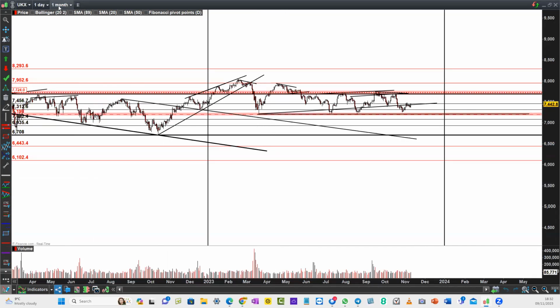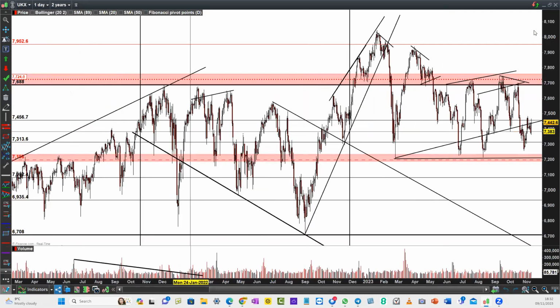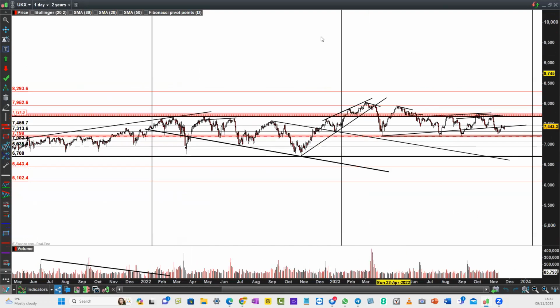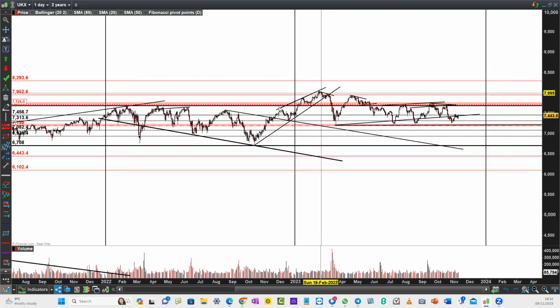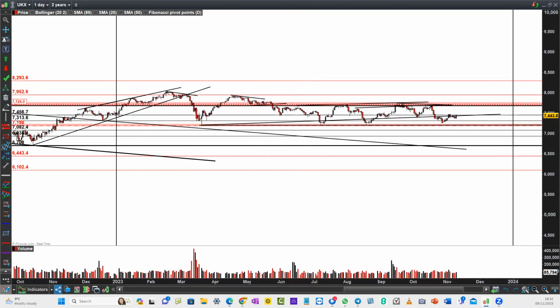Let's get a bit more data on the charts. The reason why I'm so bearish on this FTSE is because we just had a series of lower highs.